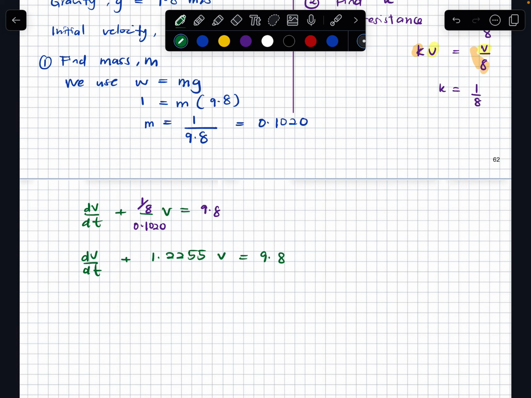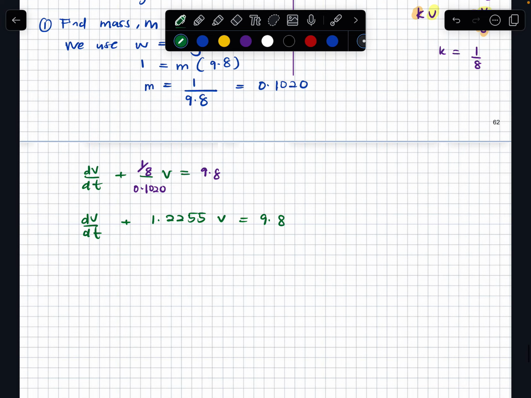So here, this is a first order linear differential equation. We have to solve this, and the best technique to solve is by using the linear technique, okay? So first, remember the format of linear is dy/dx plus p(x)y equal to q(x).